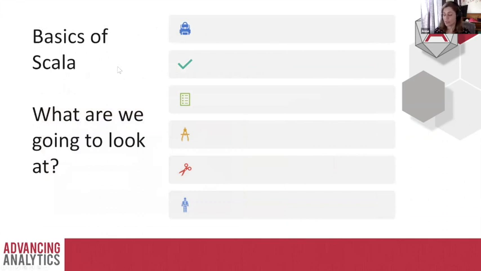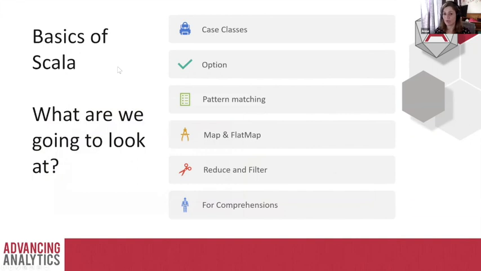So what are we going to do? Just to clarify again, we're going to look at case classes, options, pattern matching, map and flat map, reduce and filter, and for comprehensions. This is just stuff that you'd have in your belt as a Scala developer, some of the basics that I'm going to go through. Nothing too deep, but it should help you gain a basic understanding of what Scala is and what you can do with it.